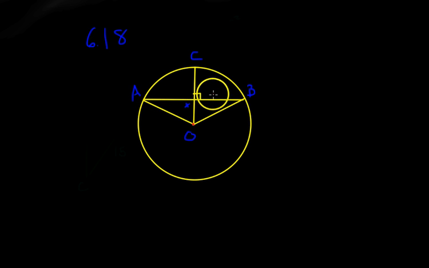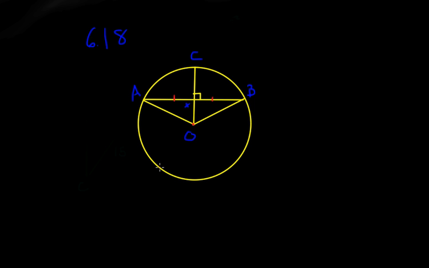They want you to prove that this is equal to this. It says, first of all, draw a diagram, and I've already done that here. Then it says, find a pair of congruent triangles that you can use to complete the proof.